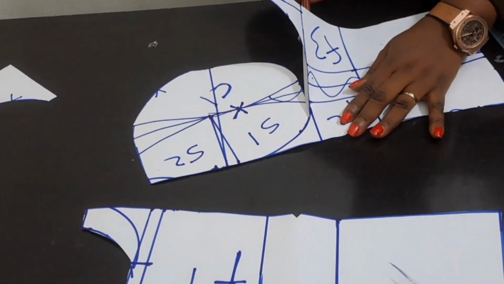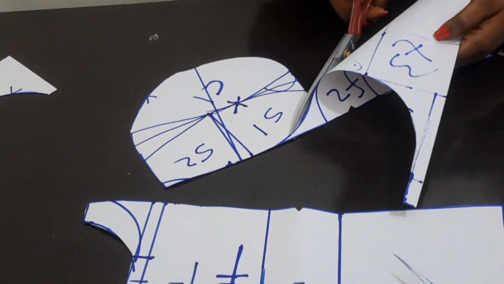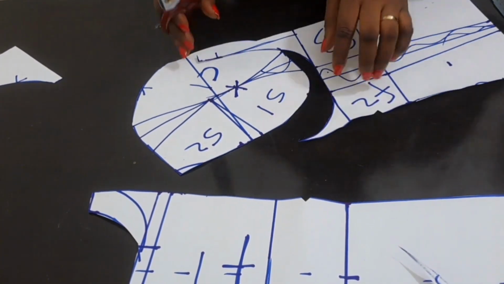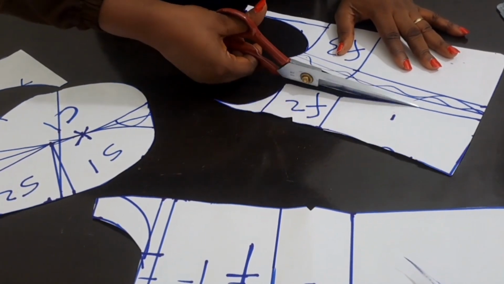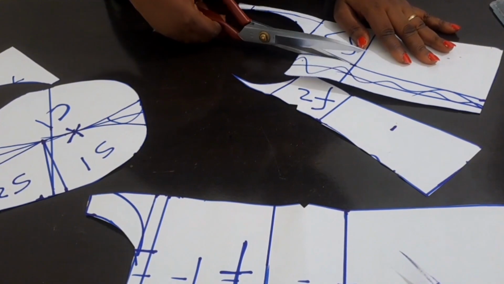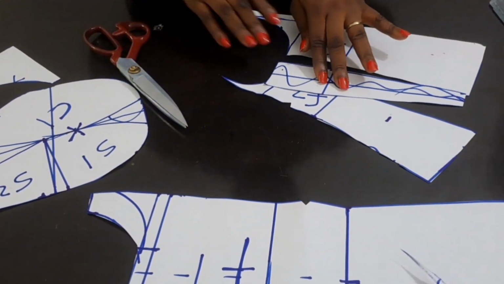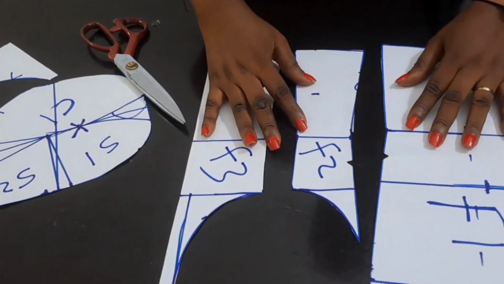You see the way I'm cutting the cup. You see the way I'm cutting the dart out because I don't need it. The first one I cut, I notched the joining part, but the second one, I did not notch the joining part.